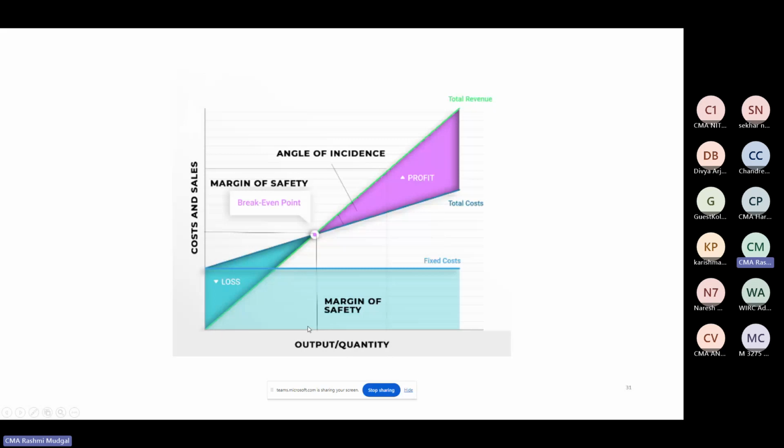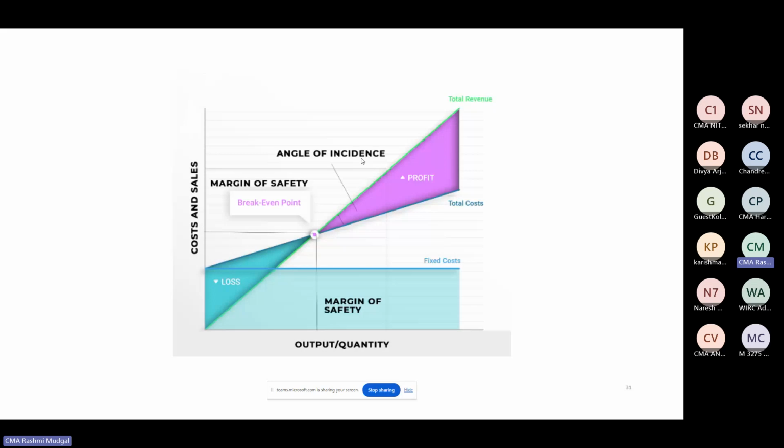If output is increasing and my total cost is also increasing, this angle is called the angle of incidence. The higher the angle, the more profit I am earning.